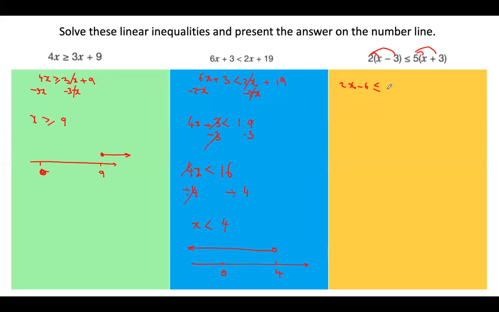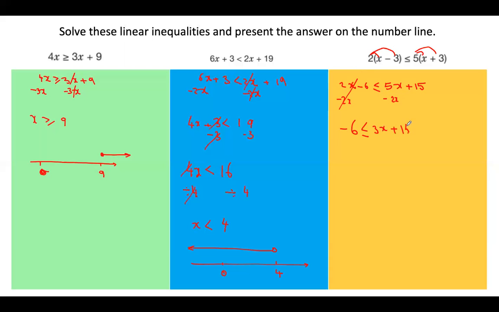Now this one is going to be 5x plus 15. And the rule is to get rid of the smallest number of x's. And that's what I'd like to begin with, but it's not wrong to begin with the smallest number. But I'm going to begin with the smallest number of x's. So the smallest number of x's is 2x. So we can have minus 2x, minus 2x. Okay, so minus 6 smaller than or equal to 3x plus 15.